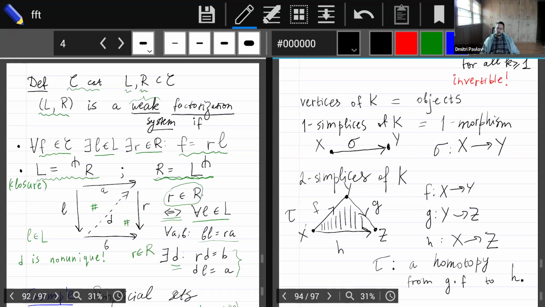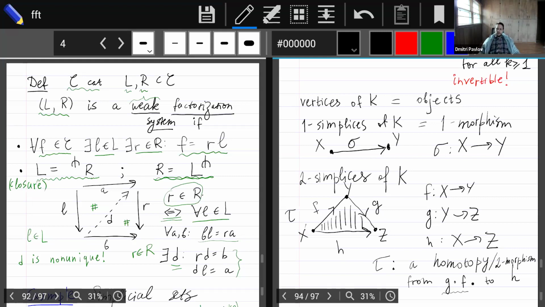Recall that, or if you prefer, another name for homotopy is a two-morphism. Right, so I promised you k-morphisms for all k, and here is an example of a two-morphism. And here it's important to point out that this composition that I wrote here is just a formal notation. There is no actual strictly defined composition in a Kan complex.